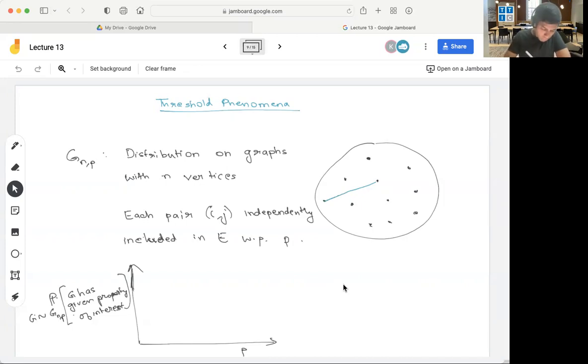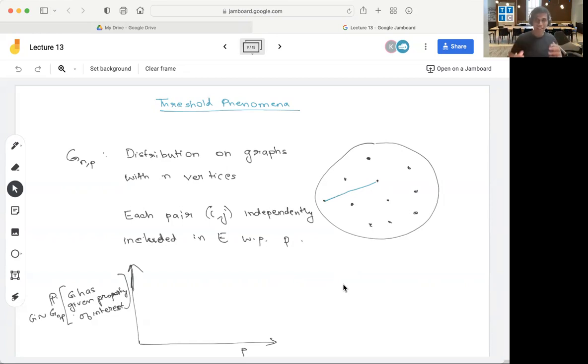What we are interested in is this graph exhibiting some particular kind of behavior, some property. I'll say something about how this phenomenon is true in general for any properties which are monotone.